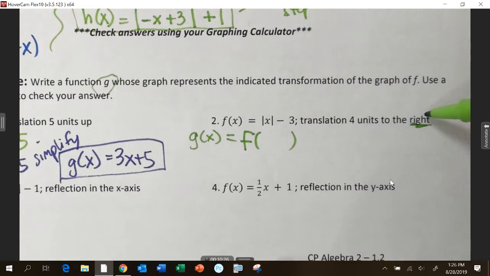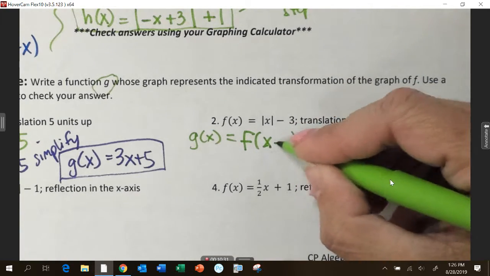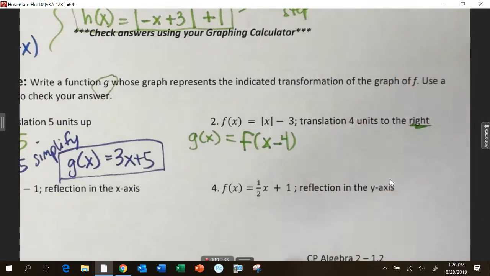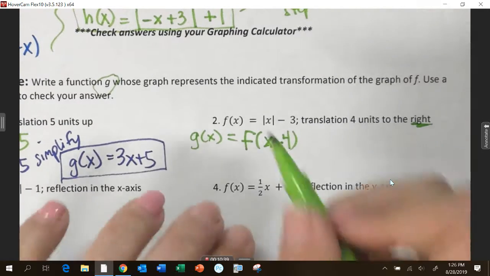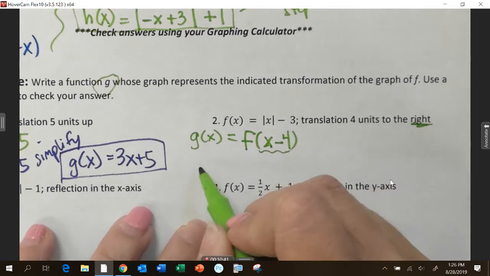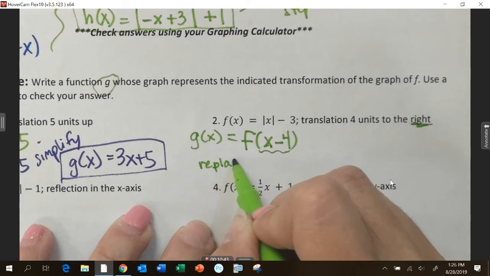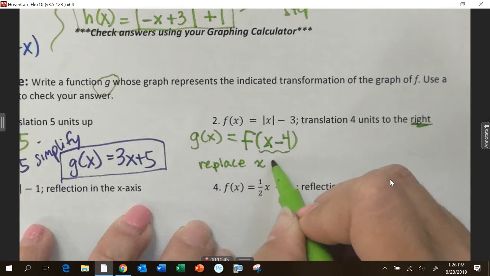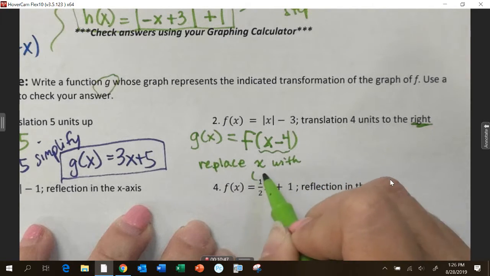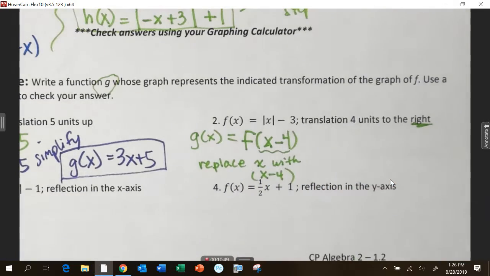Except, do I add or subtract? Why do I subtract? Opposite operation. So we will subtract on the inside. So again, that means replace x with parenthesis x minus 4.